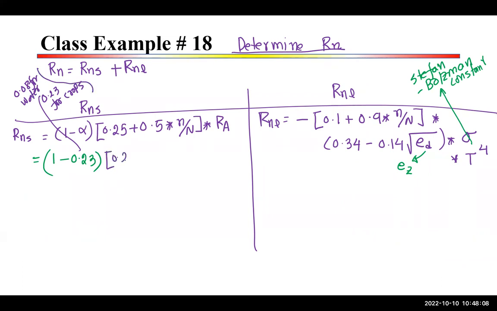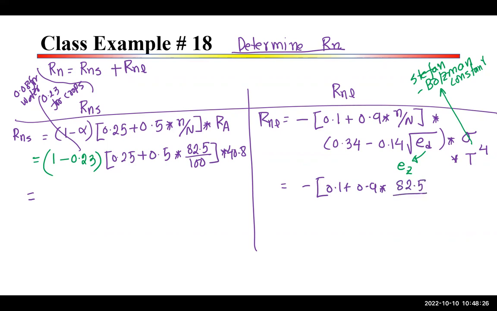Okay, 0.25. What is the n over N? And what is the RA we just got? 40.8, right? Now here, 0.1, 0.9, 82.5 over 100, 0.34.